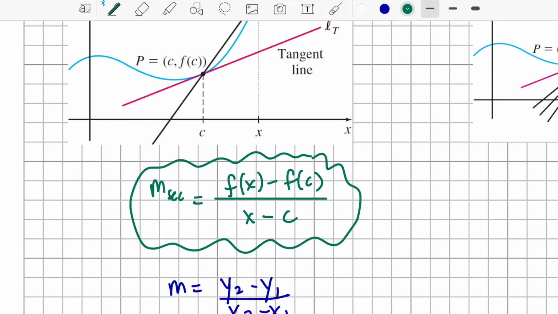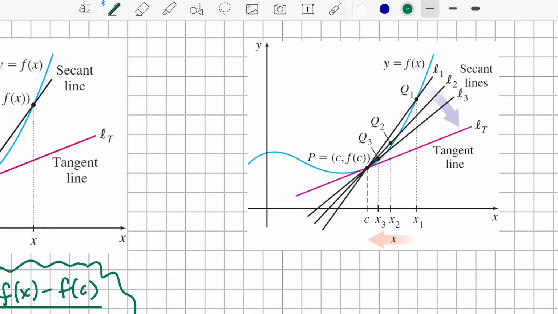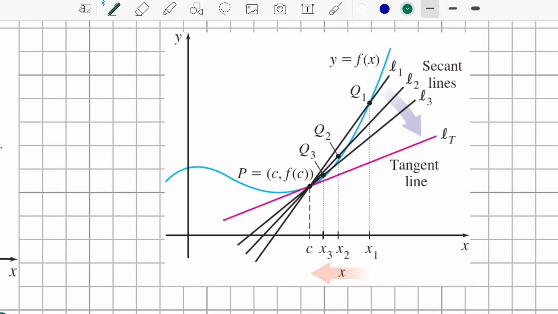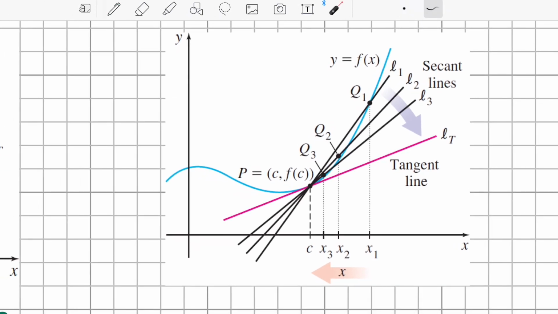Now to find the slope of the tangent line, let's look at another figure. Imagine we have three secant lines: the first one, second one, and third one. What I want you to notice is that this point here is getting closer and closer to this point on the tangent line. Notice also that x is getting closer and closer to this point here, c.